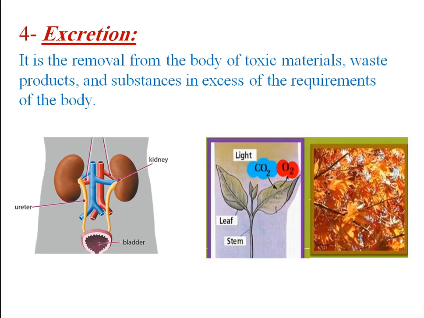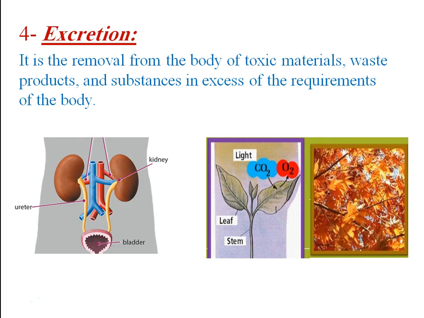of urine. Now, plants can also do excretion, and this is a characteristic of all living organisms. So plants do excretion. Now, in plants, excretion is just in the form of diffusion of gases in and out of the leaves. Remember that leaves have small, tiny holes called stomata.